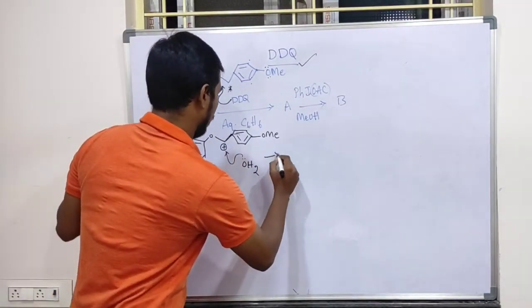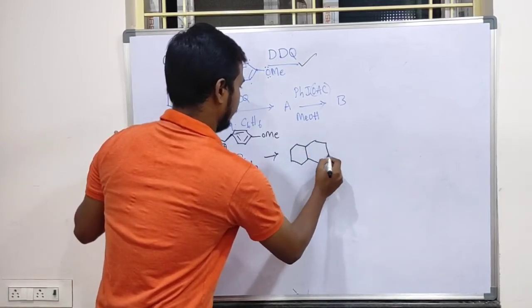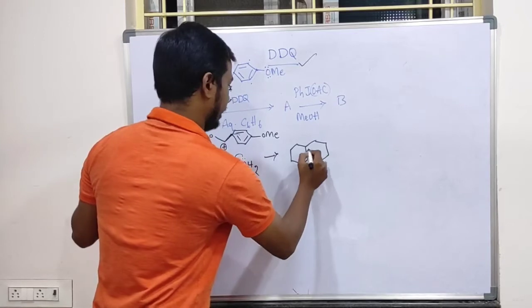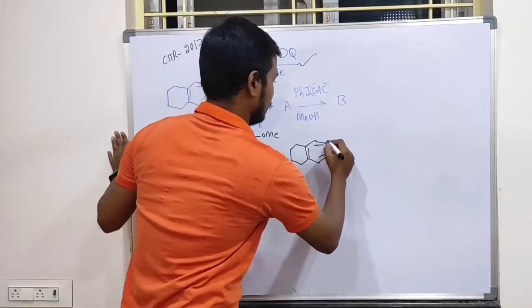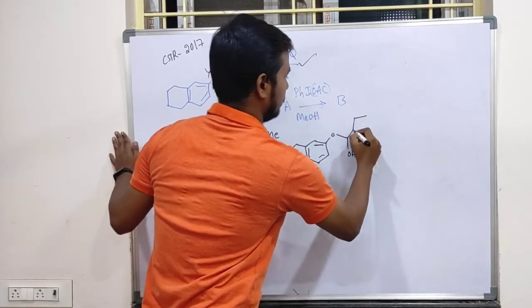So what we will get here is an OH functional group inserted there, OH, and the group will be as it is.